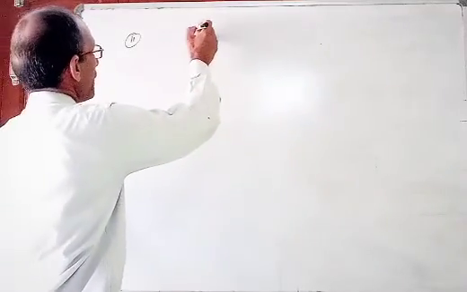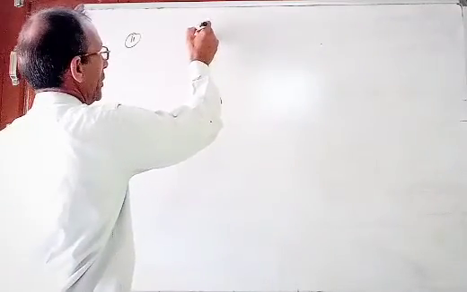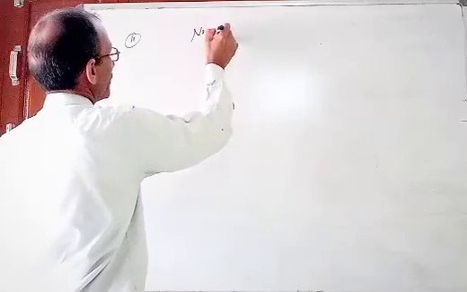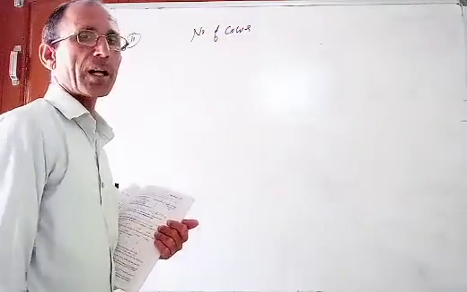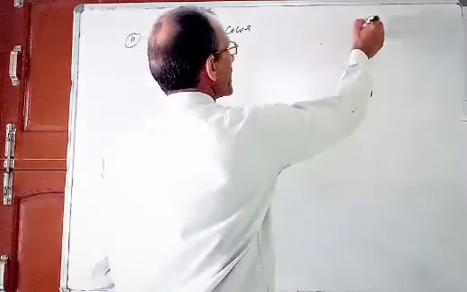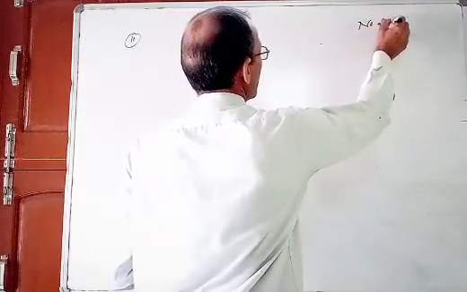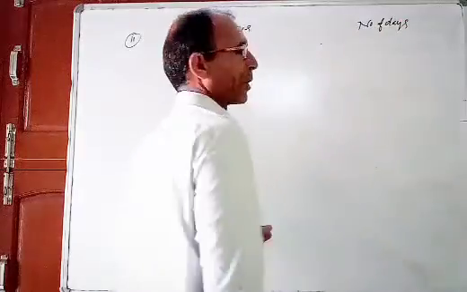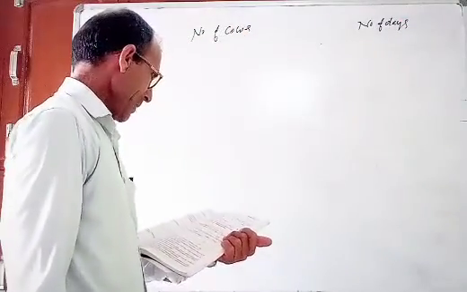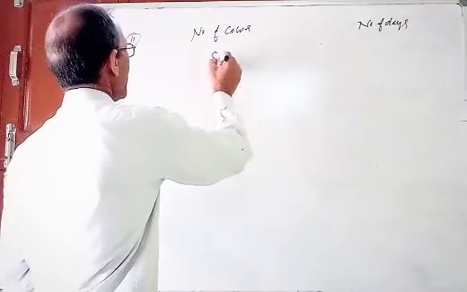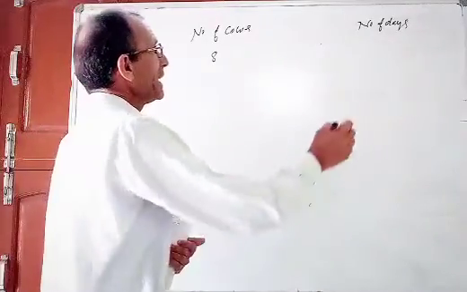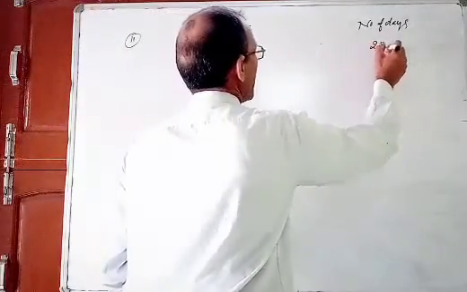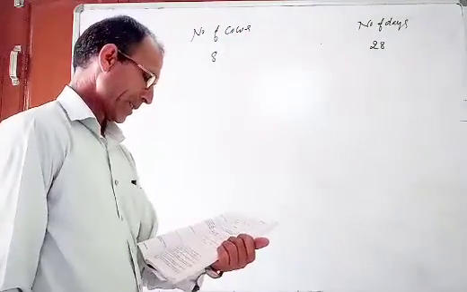How you solve, the pattern and the method you already know. Number of cows, number of days. How many cows are there? 8 cows can graze the field in 28 days.